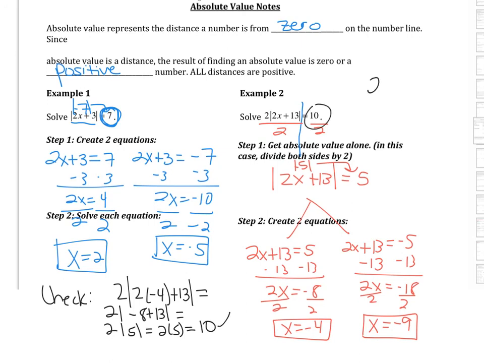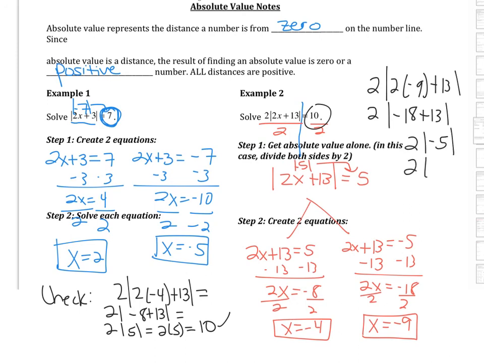We can also check the negative 9. 2 times the absolute value of 2 times negative 9 plus 13. Well, 2 times negative 9 is negative 18. Negative 18 plus 13 is negative 5. The absolute value of negative 5 is 5. We get 10, so it checks.